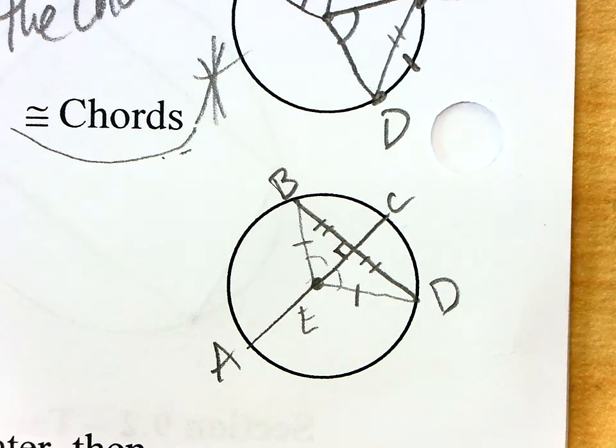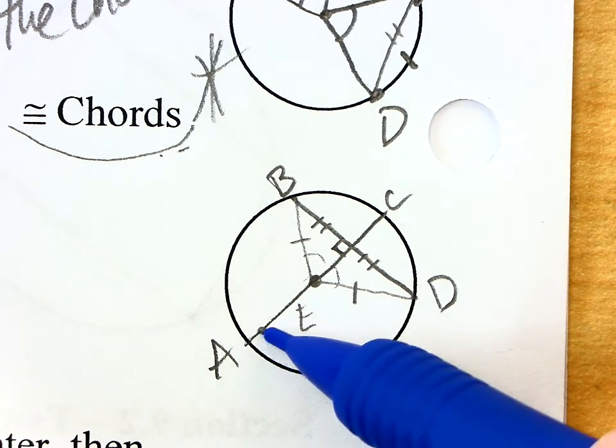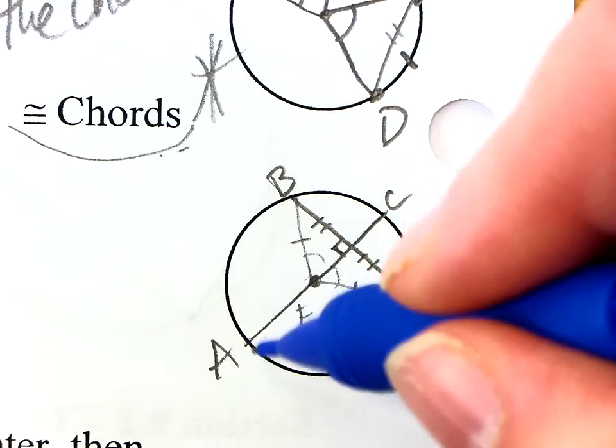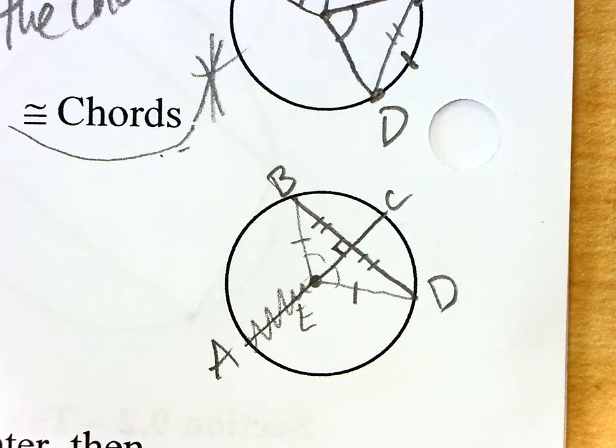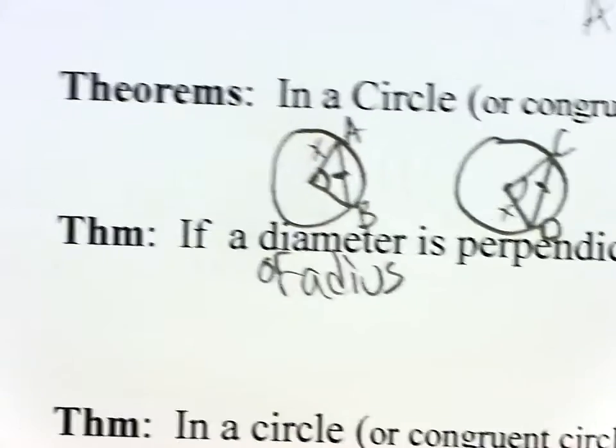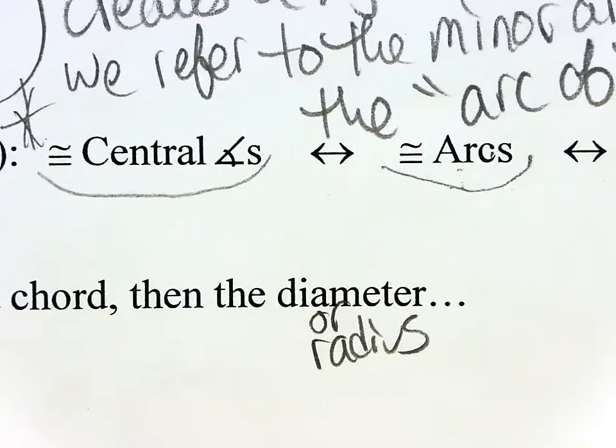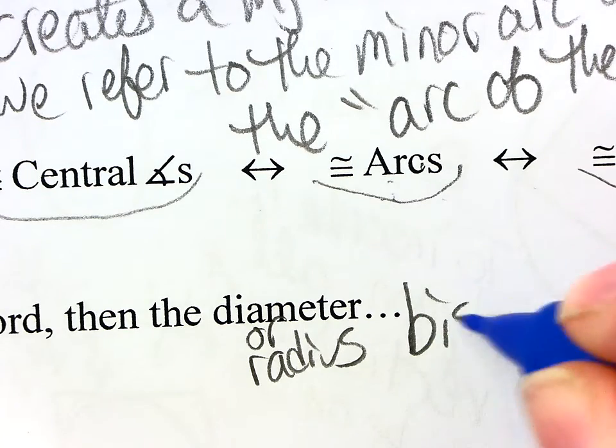And that's why it doesn't have to be a whole diameter, right? Because if you get rid of AE, nothing changes. So a diameter or a radius that's perpendicular to a chord bisects that chord. So let's fill that in. If a diameter or radius is perpendicular to a chord, then the diameter or radius bisects that chord.